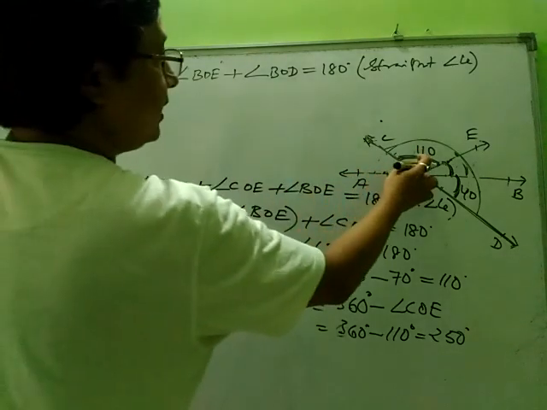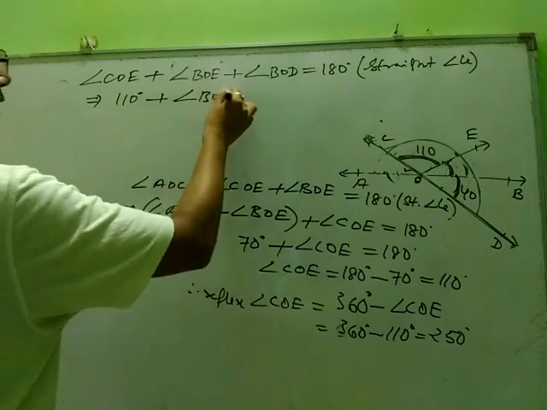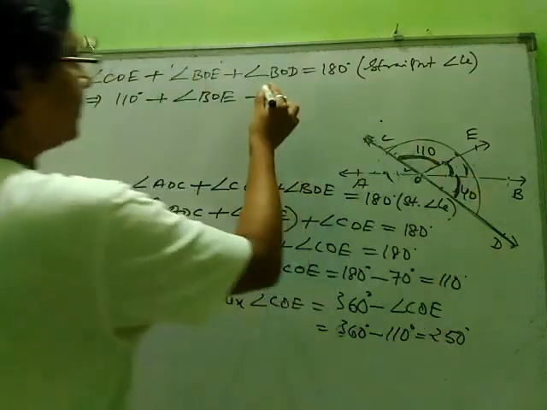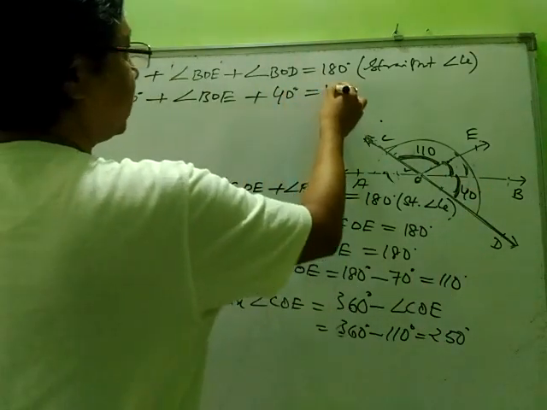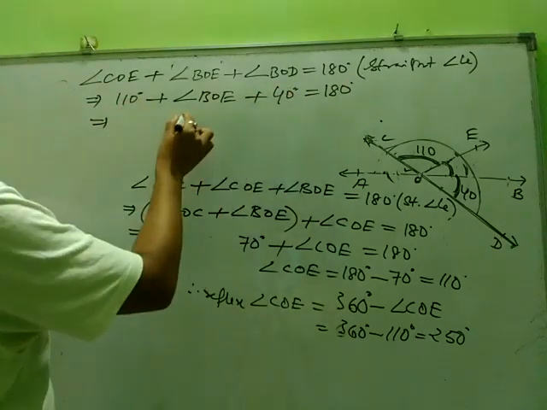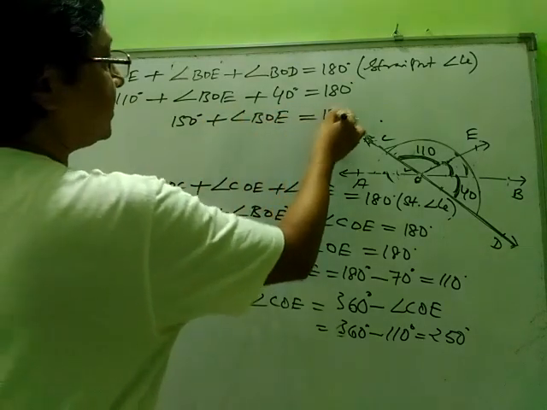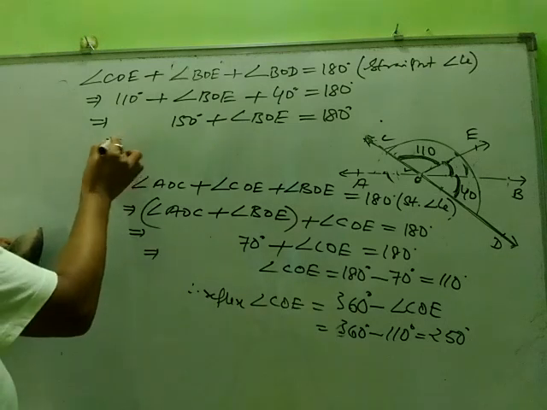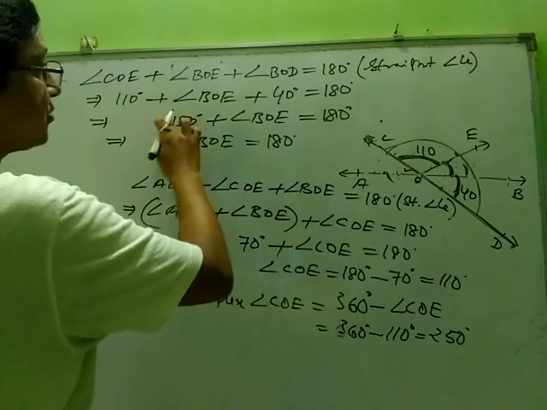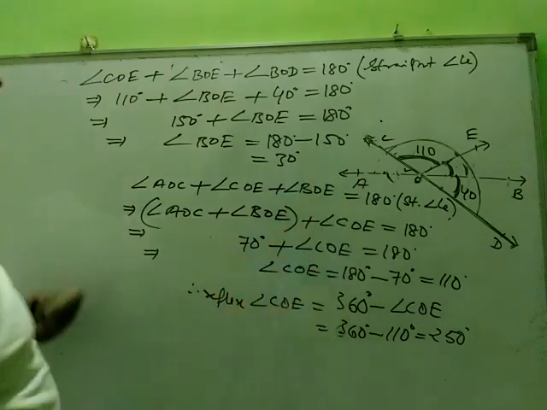Now COE is 110, plus BOE which you will find, then BOD is given as 40 degrees, so you have got 180 degrees. Adding these two angles, you will get 150 degrees plus angle BOE equals 180 degrees. Therefore angle BOE equals 180 minus 150, you take this one that side, the sign will change, so it will be 30 degrees.